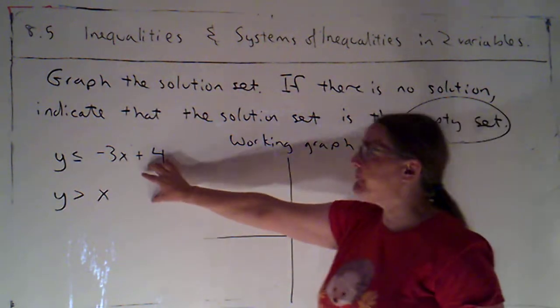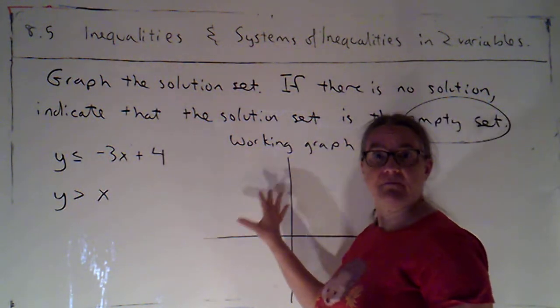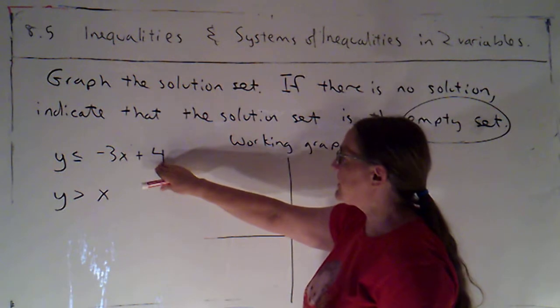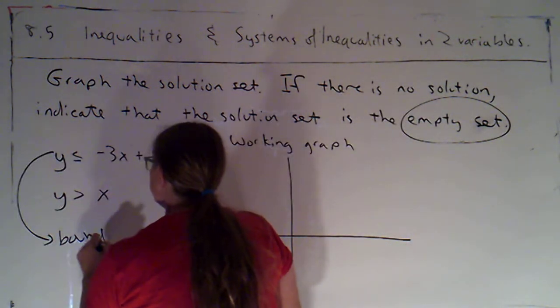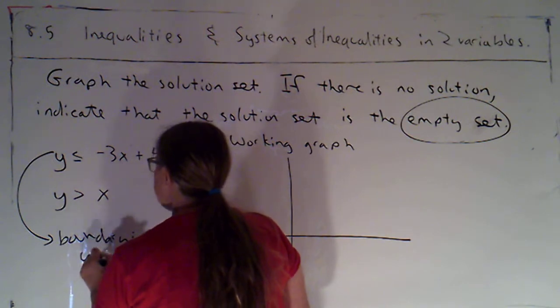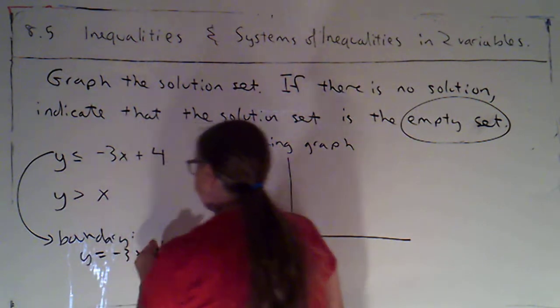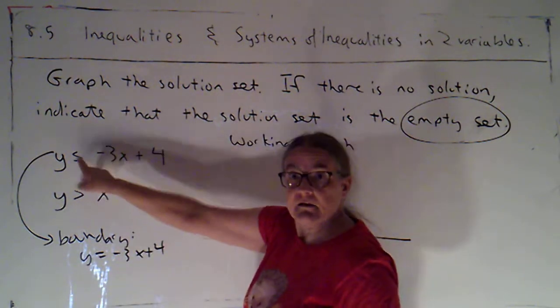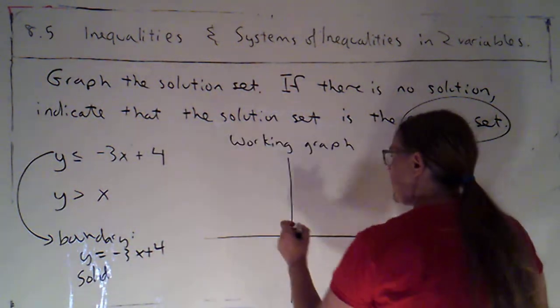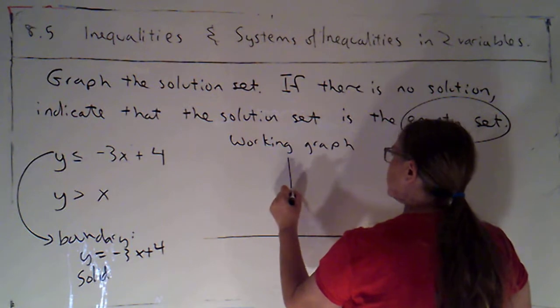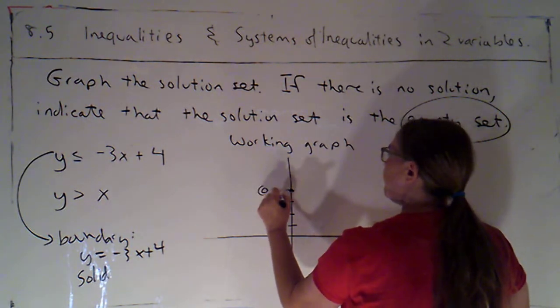Basically, I'm going to graph both of these inequalities on the same pair of axes. So if I look at this first one, my boundary line is y equals negative 3x plus 4. This is an inclusive inequality, so that would be a solid line. So we come up to a y-intercept here at 0, 4.